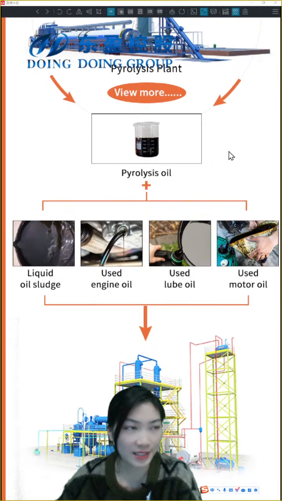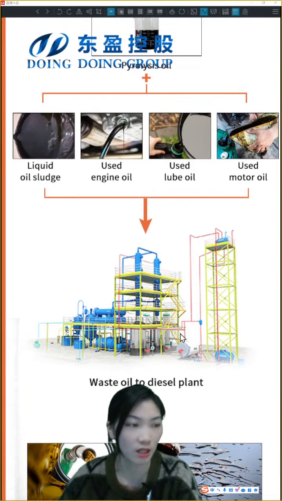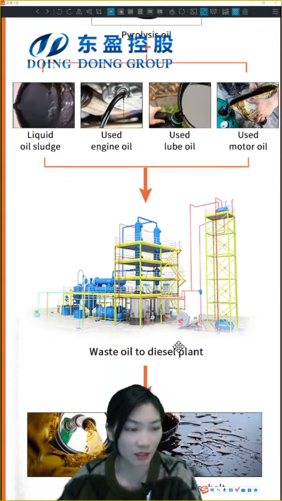After that, you can use the pyrolysis oil, or you can use the liquid oil sludge, engine oil, lube oil, or motor oil to make diesel. This process, this technology, is our oil distillation technology.